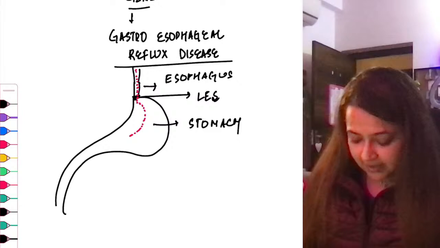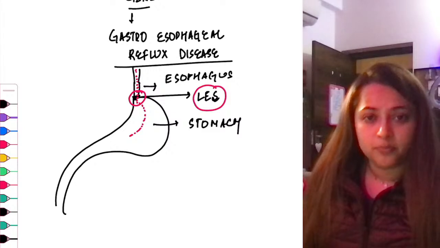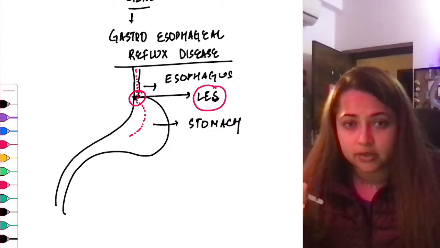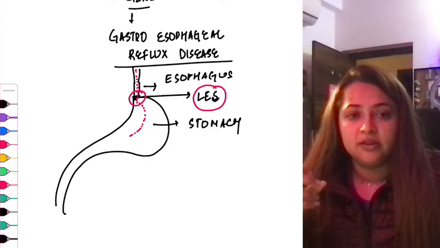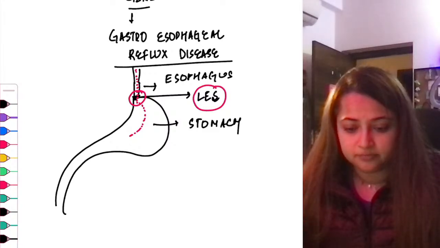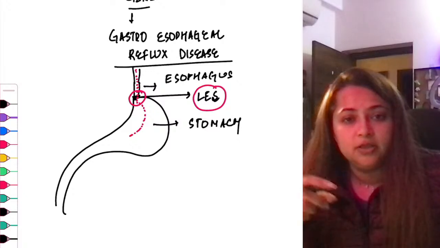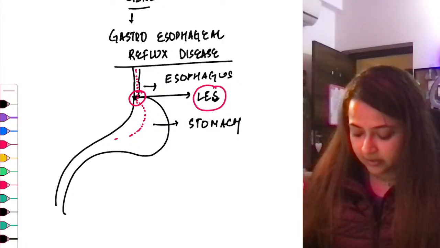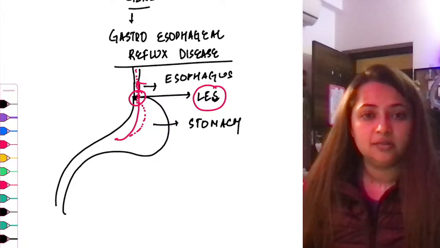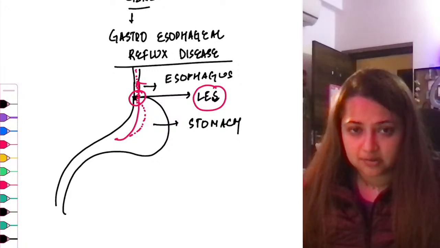But if the lower esophageal sphincter is not having proper tone, it is in the relaxed state, what will happen? The food particles will be going upwards. They will be going backwards into the esophagus. There will be reflux. Okay, this is what is happening in the gastroesophageal reflux disease.